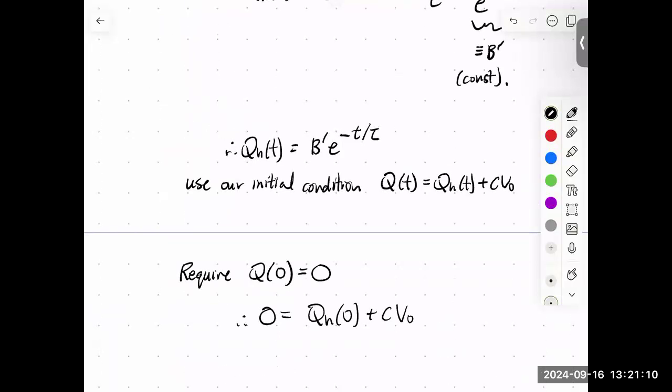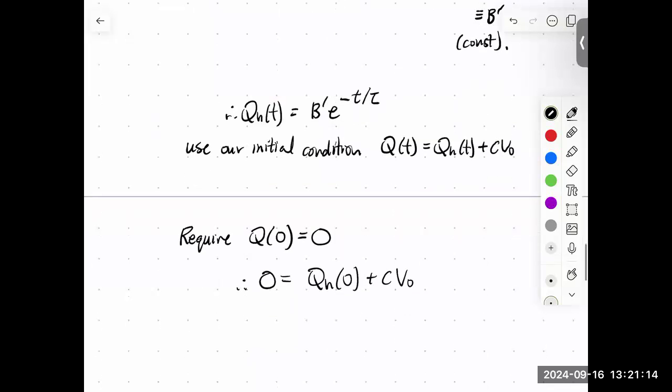Okay. But QH at time t equals 0 is just b prime e to the minus t over tau, but t is equal to 0 for our initial condition. And e to the 0 is just 1. And so this is just b prime.